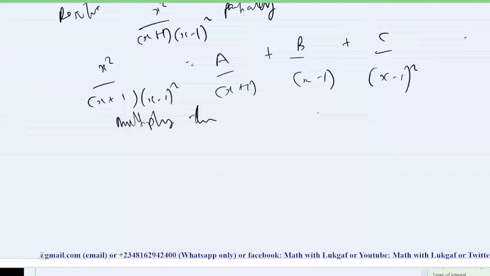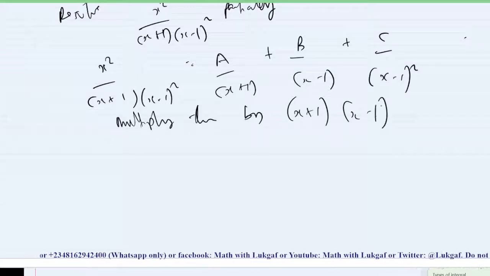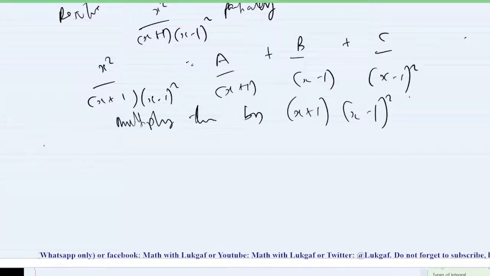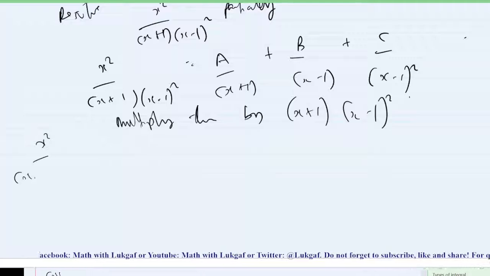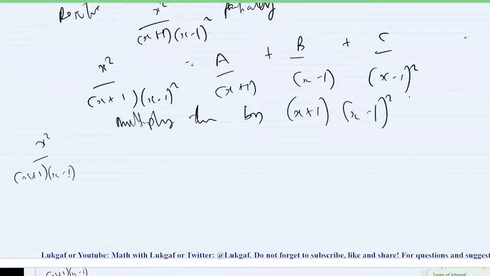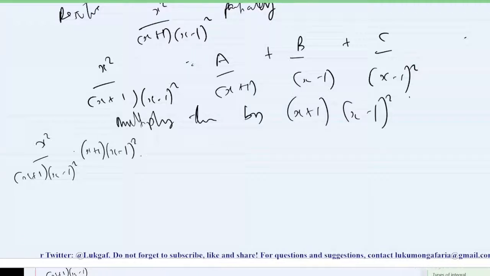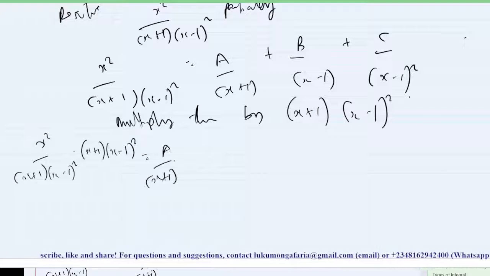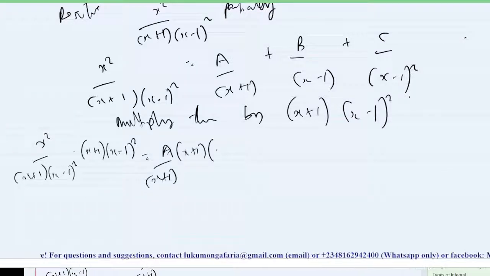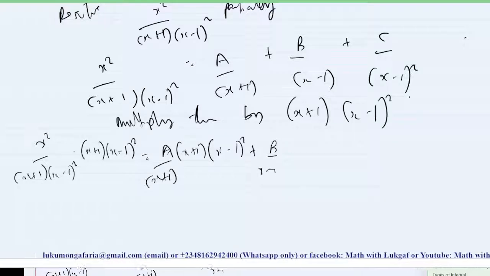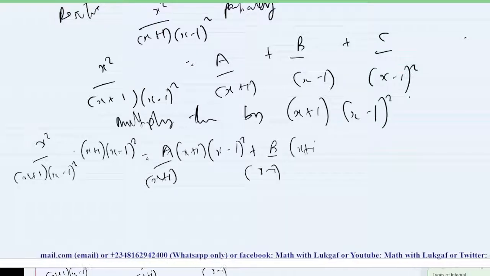by (s plus 1)(s minus 1) squared. So then you have s squared over (s plus 1)(s minus 1) squared, multiplied by (s plus 1)(s minus 1) squared, equals A into (s minus 1) squared, plus B into (s plus 1)(s minus 1), plus C into (s plus 1).